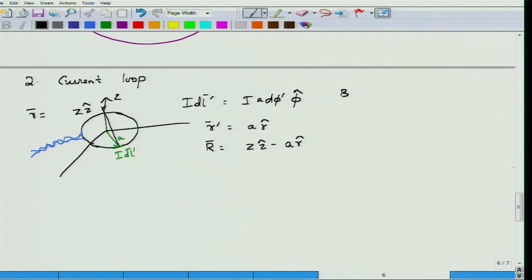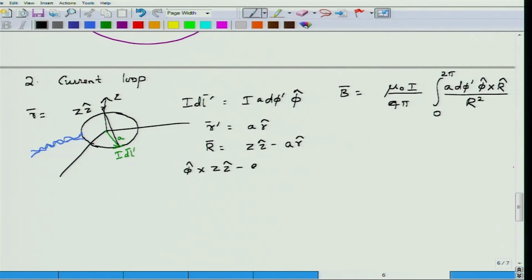And the magnetic field will be given by mu 0 I, which is anyway constant, divided by 4 pi, and in the integral I will have to go from 0 to 2 pi. The line element is along the phi direction, cross r hat divided by r square. So, you can see what phi hat cross z hat minus a r hat is.